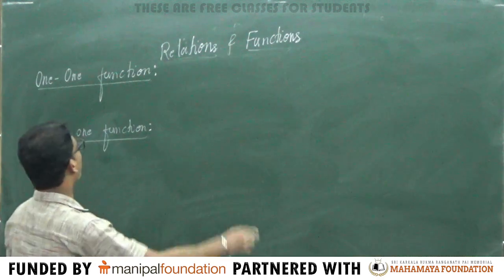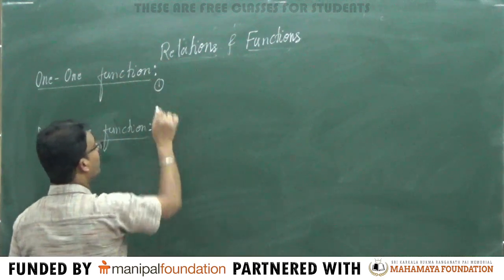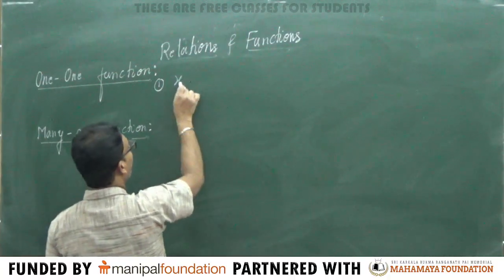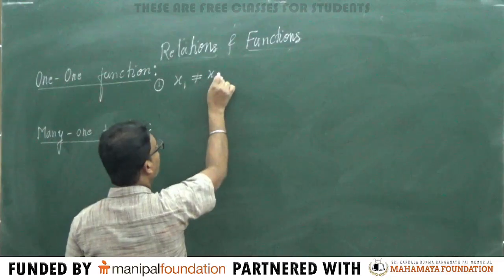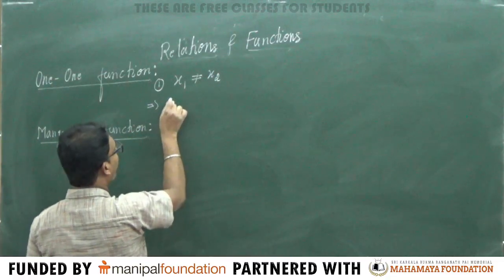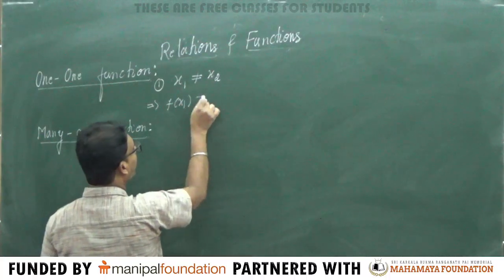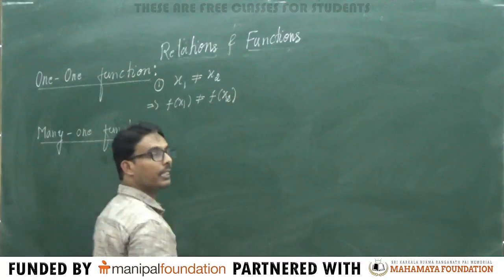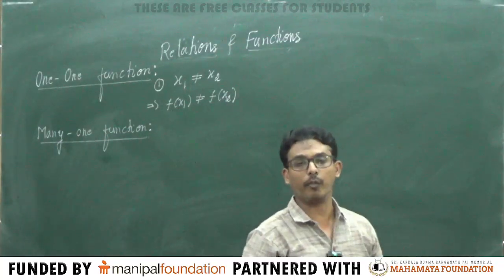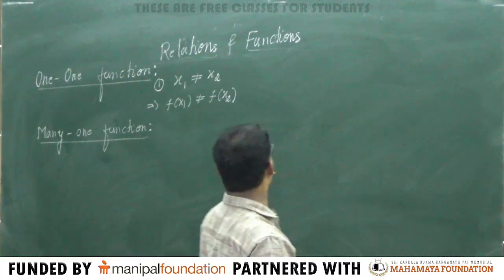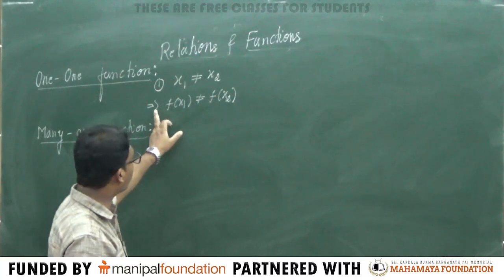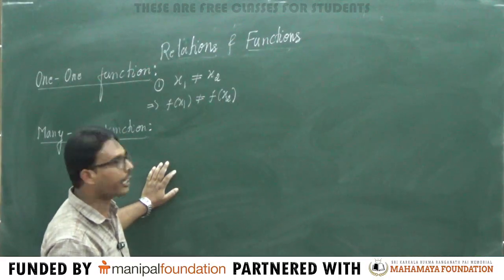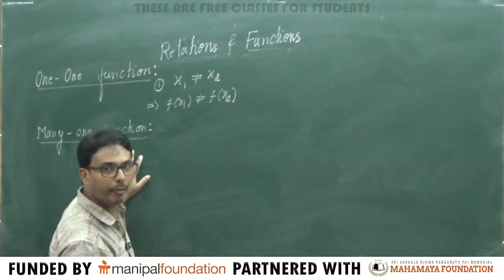To prove a one-one function by the algebraic method, if x1 is not equal to x2 implies f of x1 is not equal to f of x2, then the given function is one-one. If x1 is not equal to x2 but f of x1 is equal to f of x2, then the given function is not one-one; it becomes many-one.